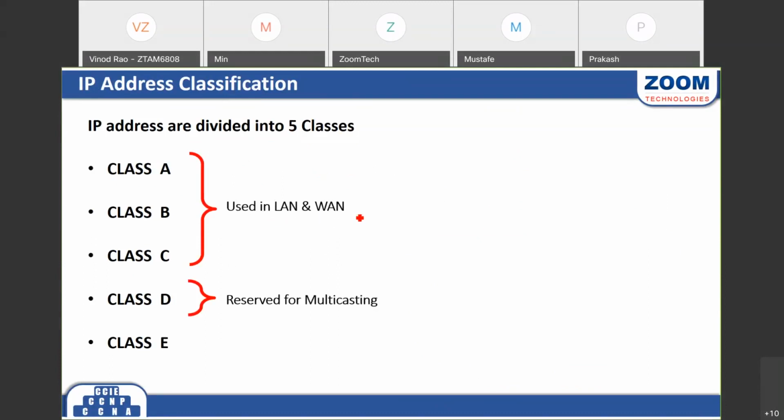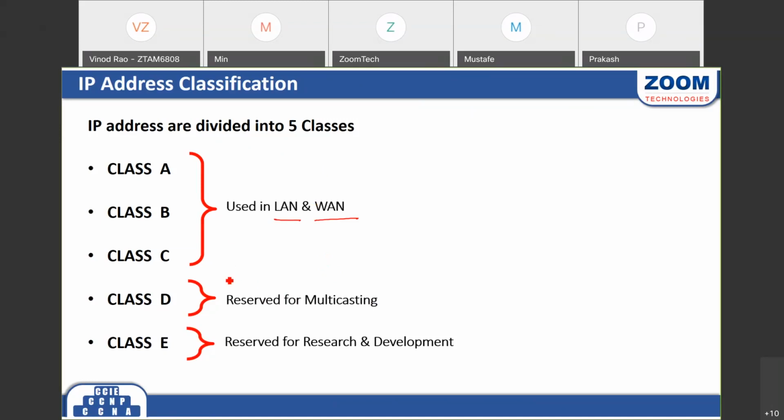Class D IPs are reserved for multicasting, and Class E IPs are reserved for research and development. All 5 classes are reserved for different purposes. Class A, Class B and Class C are reserved for local area networks and wide area networks, LAN and WAN.